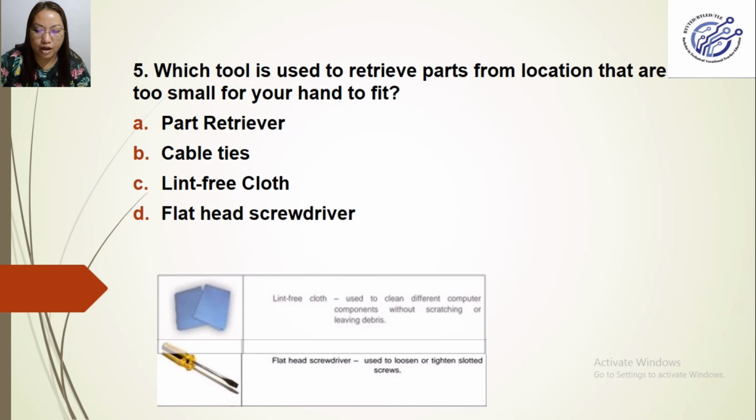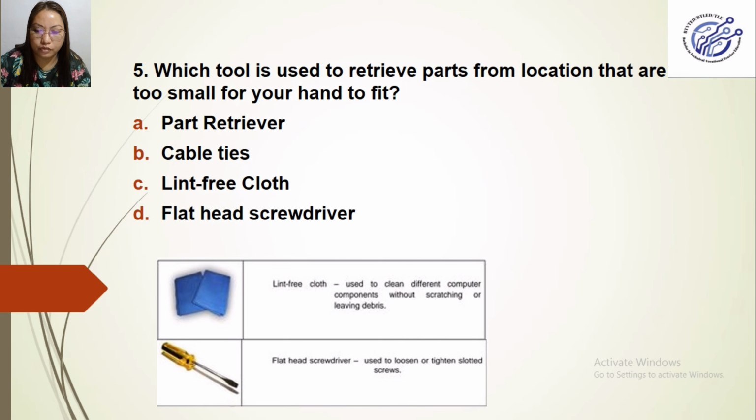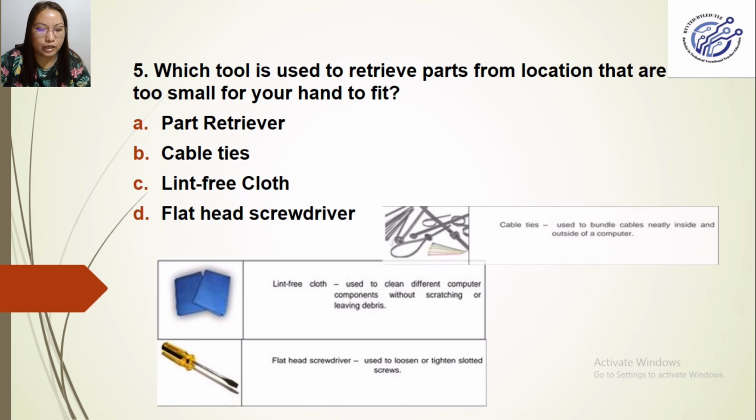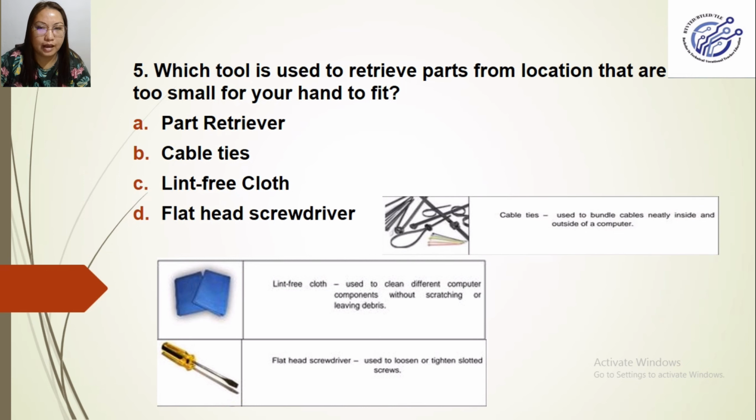Then, we have the lint-free cloth. Ito po yung ginagamit natin to clean the different computer components without scratching or leaving debris. Itong cable ties ang ginagamit natin to bundle cables neatly inside and outside of a computer.